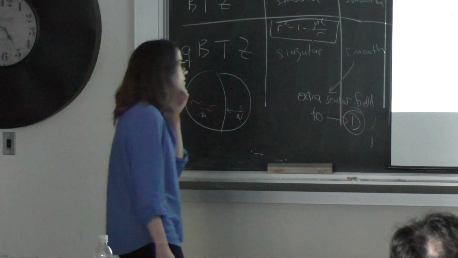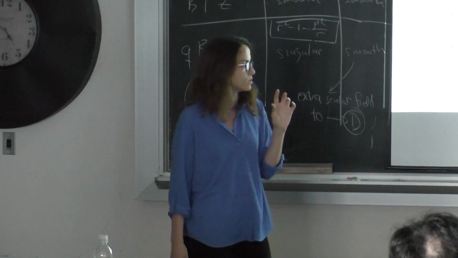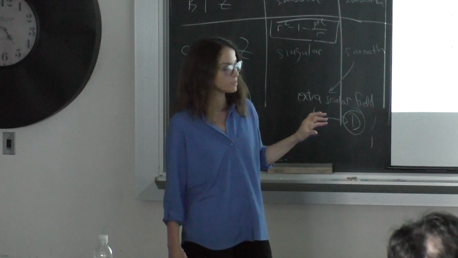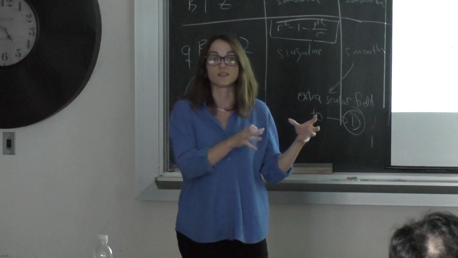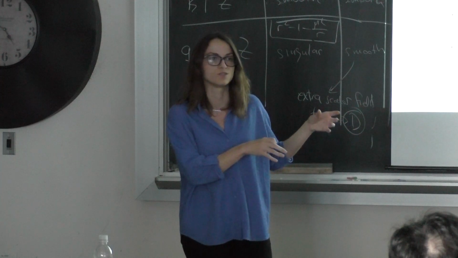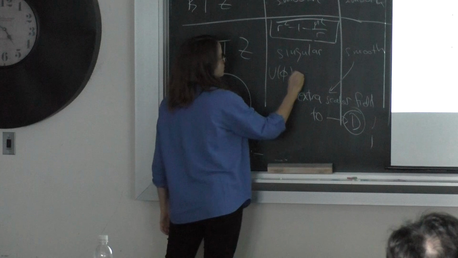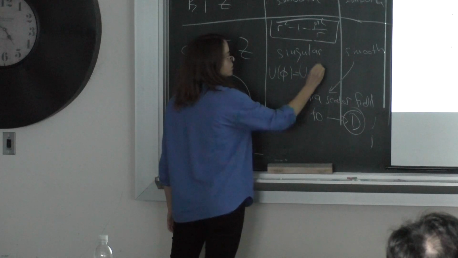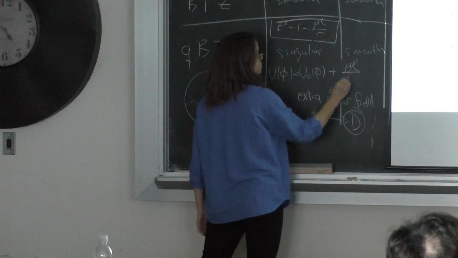But here, whatever the matrix integral dual of this dilaton gravity is going to be, it's going to be defined by the fact that we have a space-like singularity. So this potential U(phi) is given by this JT part, plus something that goes as 1 over phi squared.